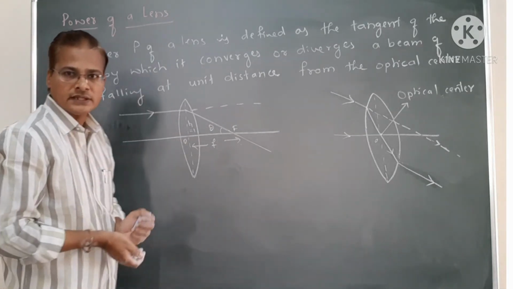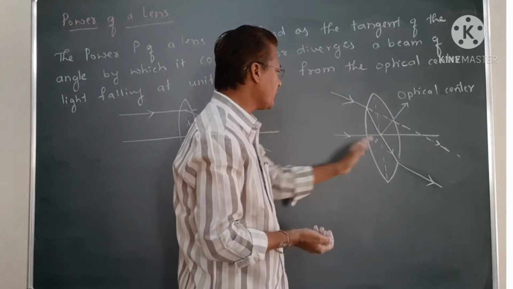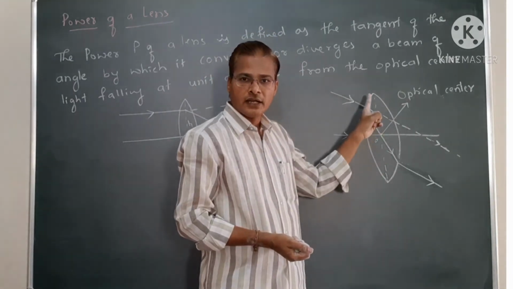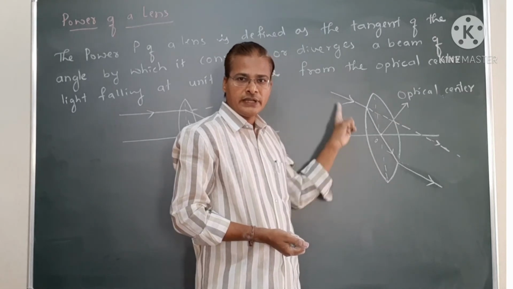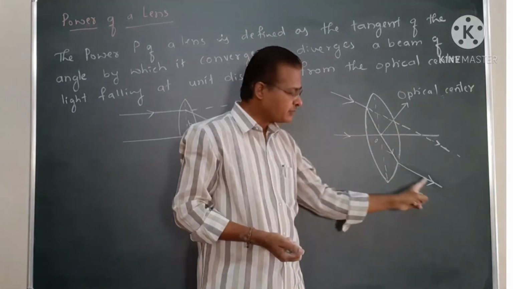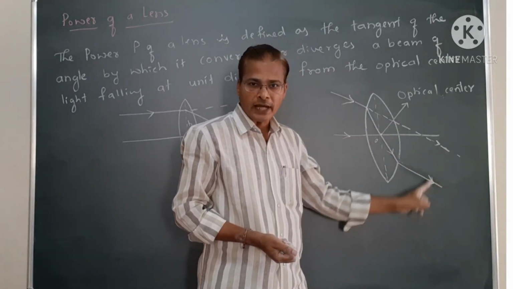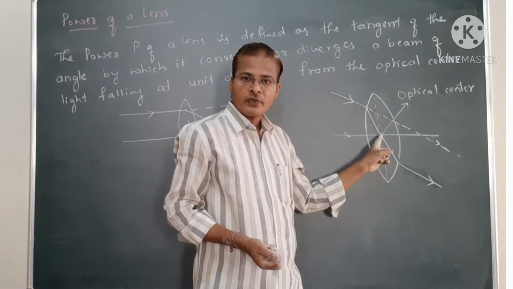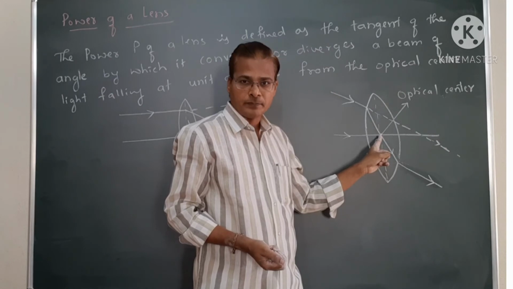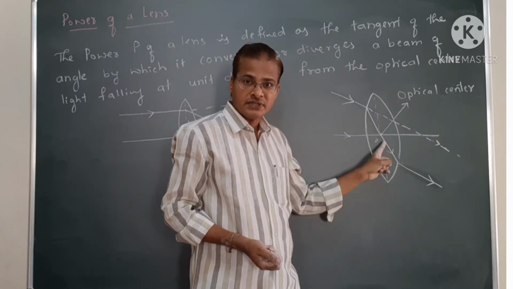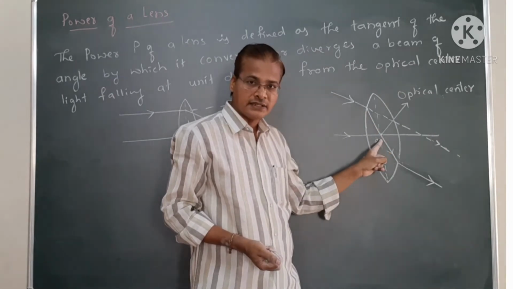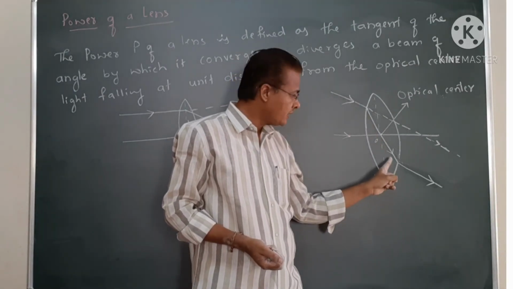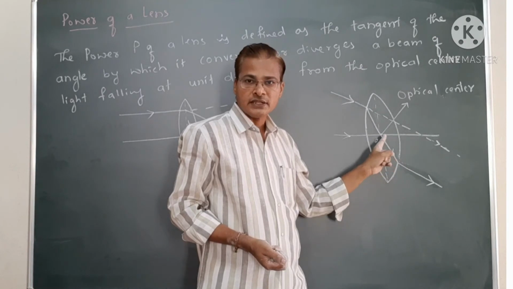What does optical center mean? Here I have drawn the diagram. When incident light falls on the lens, the incident light and the emergent light are both parallel. The refracted ray inside the lens passes through the principal axis at one point.